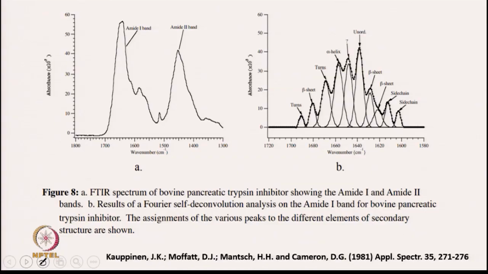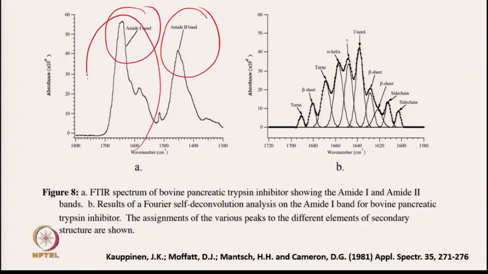The FTIR spectrum of bovine pancreatic trypsin inhibitor has been shown here, and this is your amide 1 band and this is your amide 2 band. Now, you can deconvolute this amide 1 band and know what is the amount of different secondary structure in the protein.